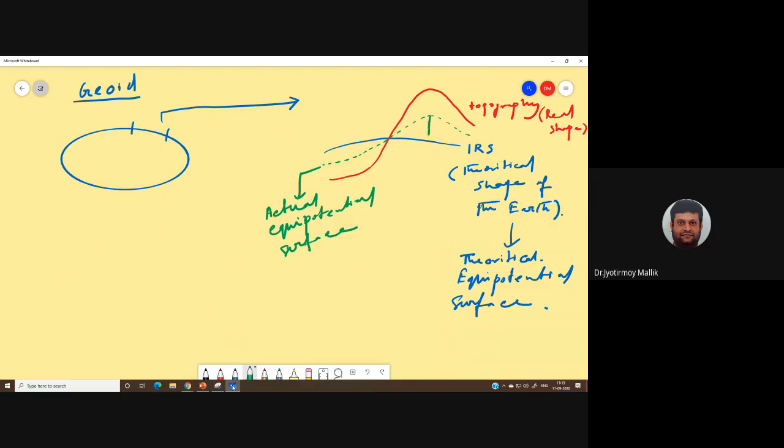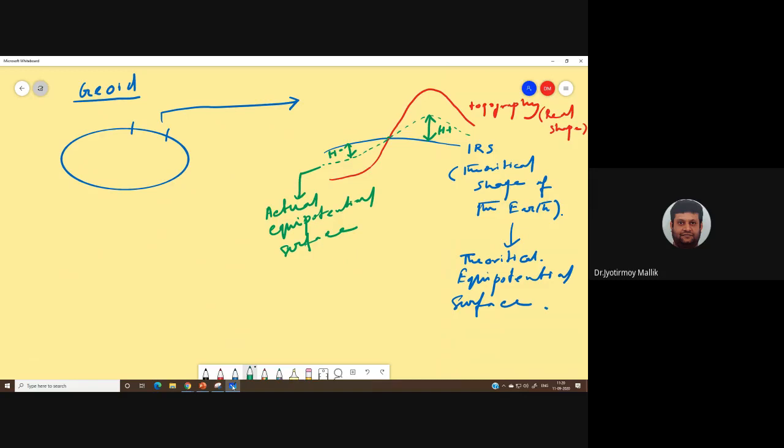So maybe here it is positively elevated, H plus, and here it is negatively depressed, H minus. Okay. And here you can see maybe at this point the value of the actual equipotential surface and the IRE is the same.